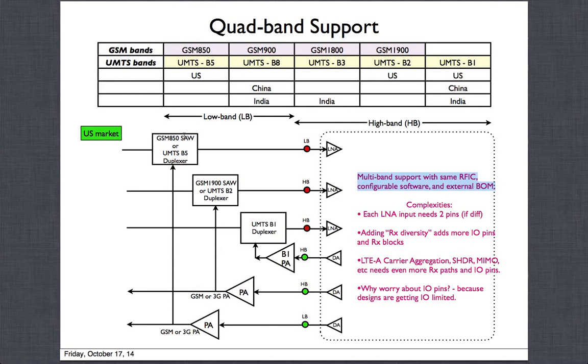If they put it in, that means we are supporting GSM through this path. Now if you don't populate the SAW filter and instead put in a band 5 duplexer, then you will be able to support UMTS band 5. So either of the two can be supported, but not both at the same time. In the same path you can only put a single piece of hardware in the phone, and you are not able to program these SAW filters.